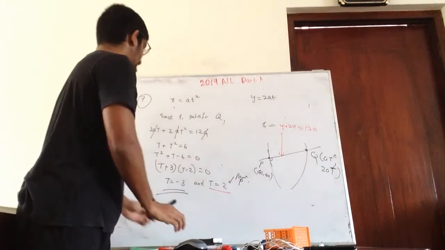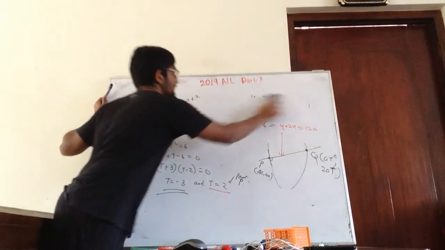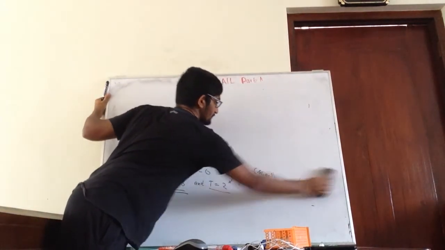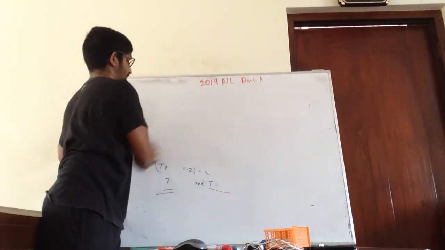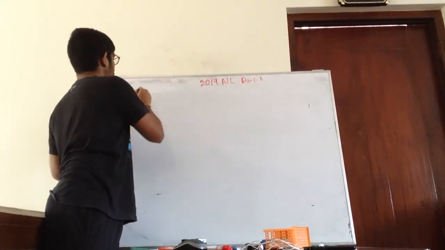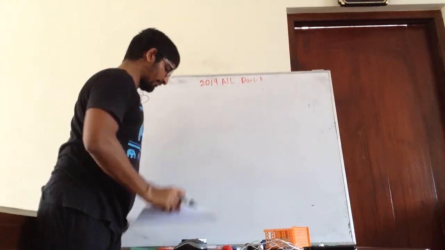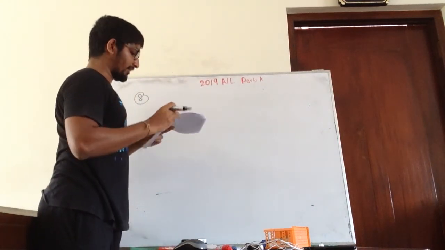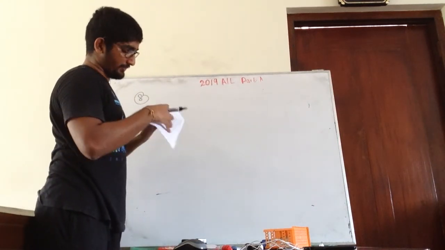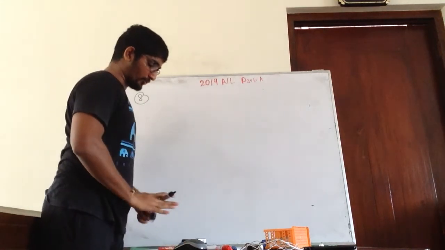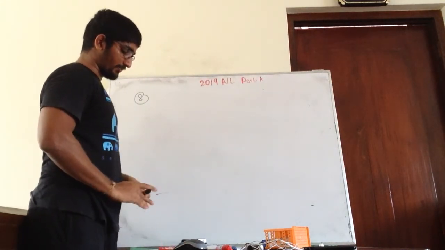Right, question number 8. Question number 8 says, let L1 and L2 be straight lines given by x plus y equals 4 and 4x plus 3y equals 10.